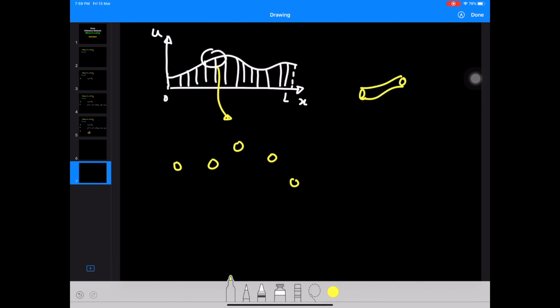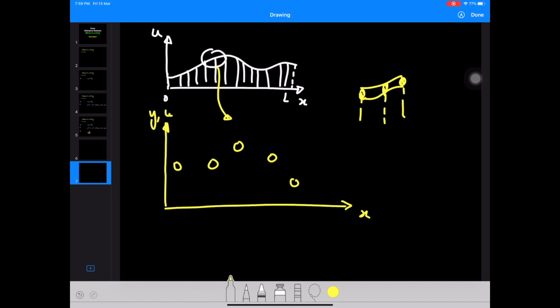Okay, we take pieces of the string at different discretizations. Okay, so if this is the x axis, this is the y axis. We call the y axis here u for the vertical displacement, and in the x axis we have a uniform grid.